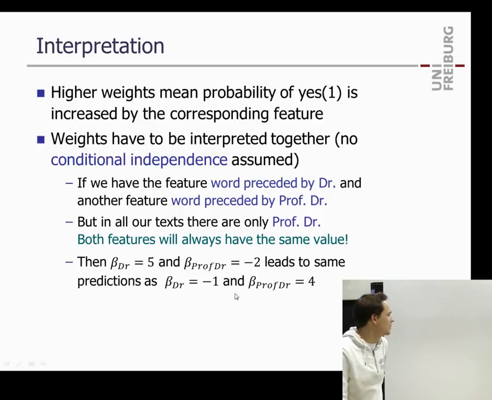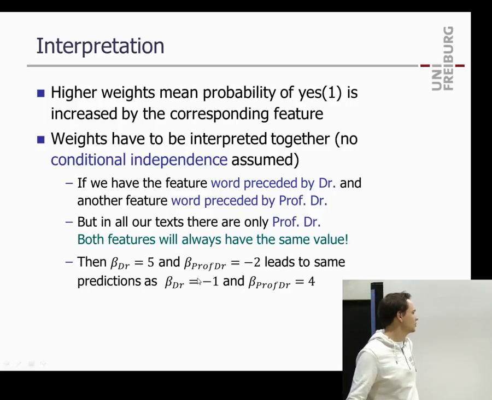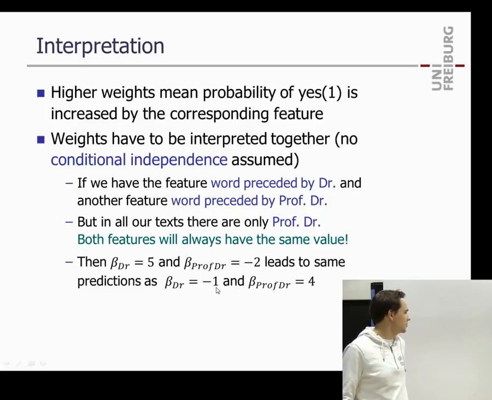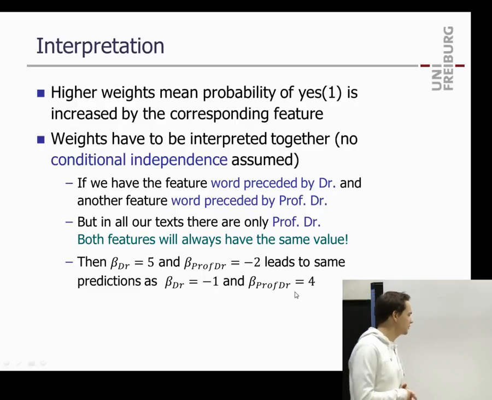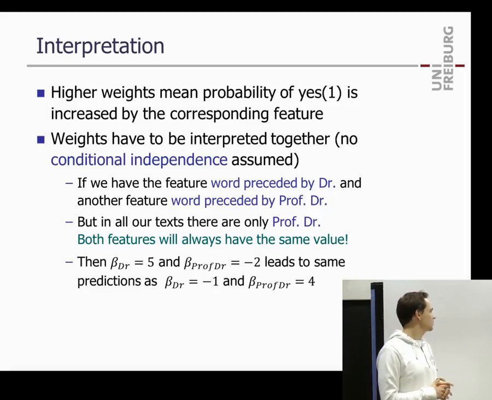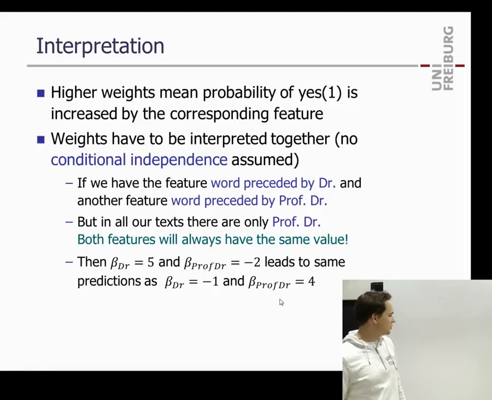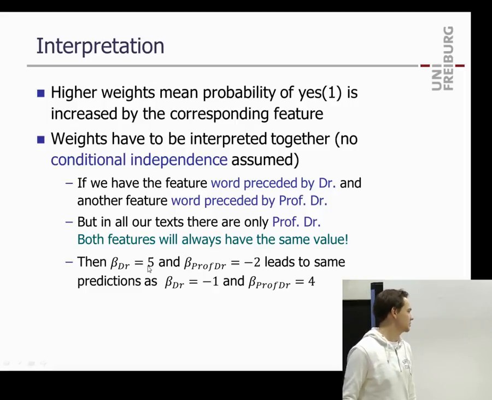So whenever the sum is the same and they are duplicate features, this leads to the same predictions. That's why, if you look at the weights to see what the model has learned, you have to look at the weights a bit together. Now in practice there are certain methods called regularization, where you try to keep all of the weights as small as possible. So then you would hopefully get here just 1.5 and 1.5.